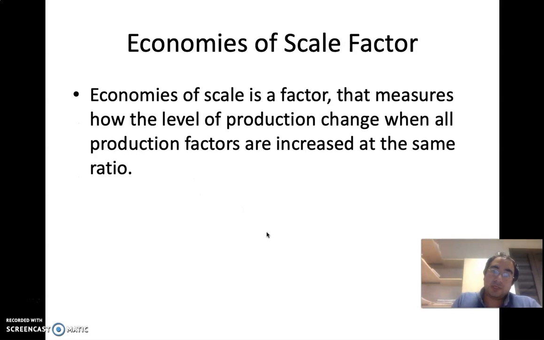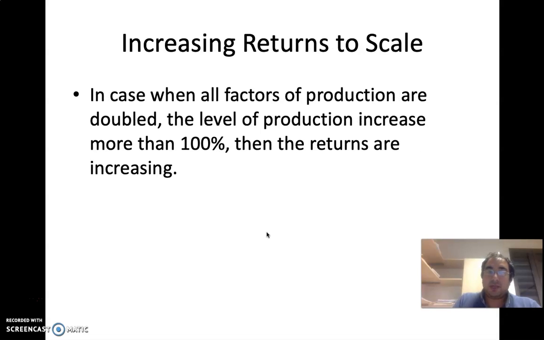So the main question is, as I said, the economies of scale factor, and we have already talked on them. Increasing returns to scale is when you want to increase the amount of quantity. The basic definition is when you double the amount of capital you use, machinery, infrastructure, and labor, double all factors of production, the quantity you produce increases more than double.